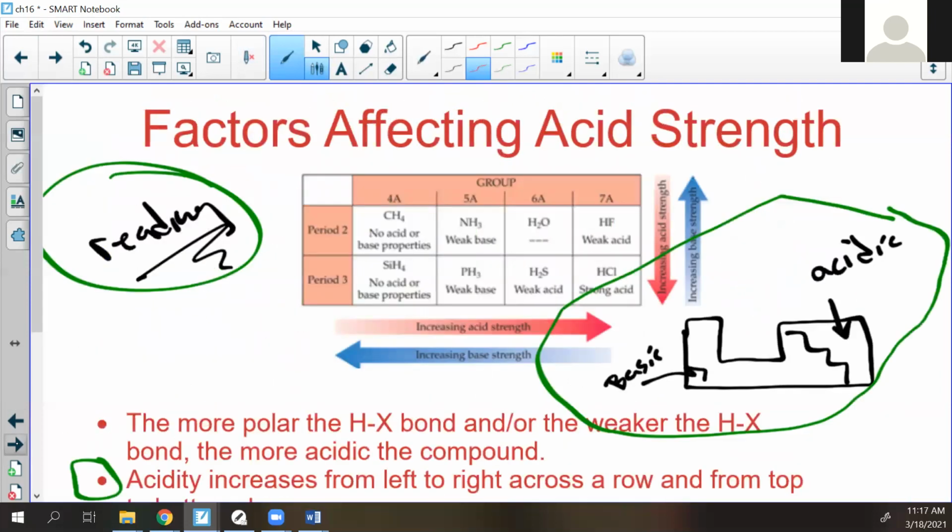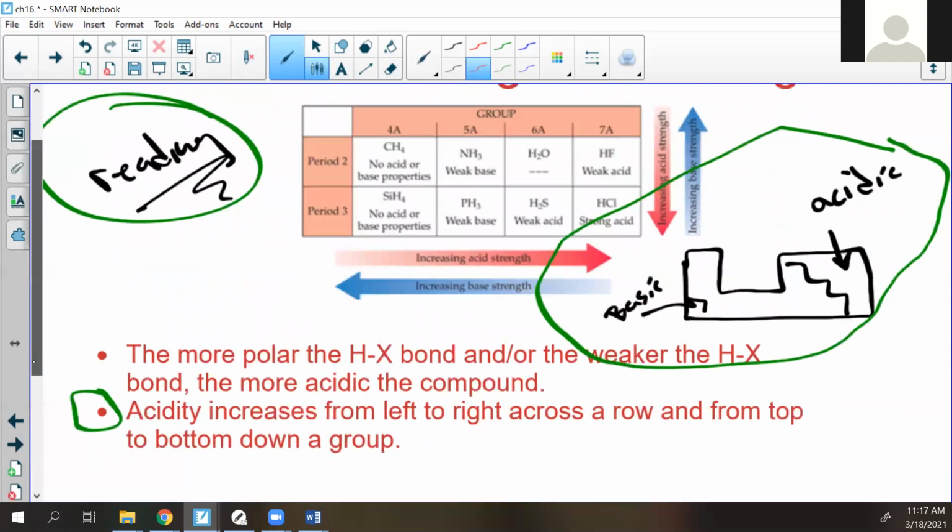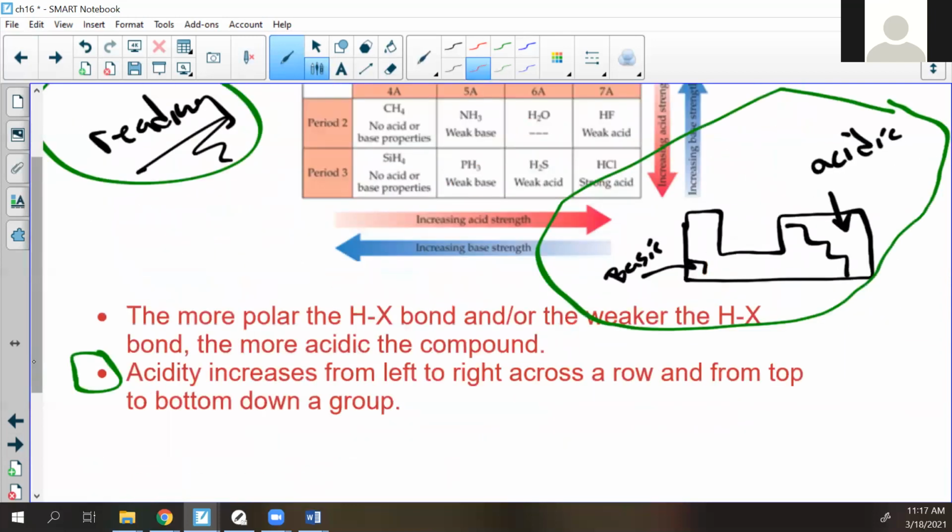Okay, factors that affect the acid strength. This is, as you can read there, in your reading. So the more polar the bond and the weaker the HX bond, the more acidic the compound. Acidity increases from left to right across a row and from top to bottom in a group.